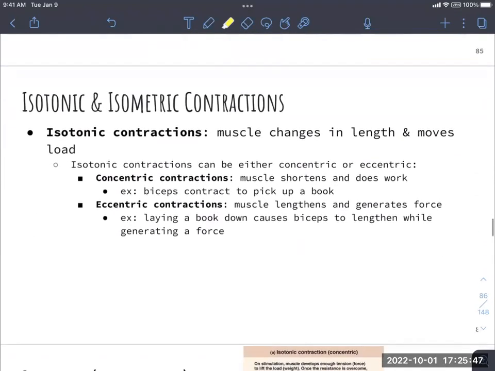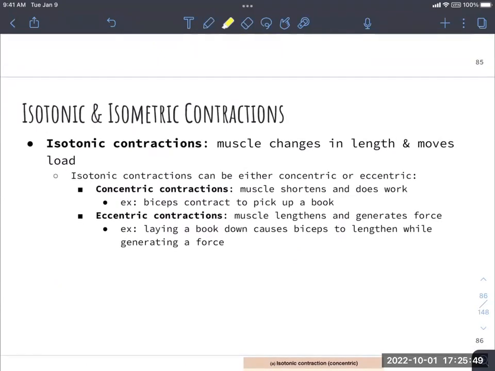So let's look again. We mentioned isotonic and isometric contractions. Let's look a little bit more into these. So that isotonic contraction, this is where the muscle changes in length. And that's when we can pick something up. They can be concentric or eccentric.